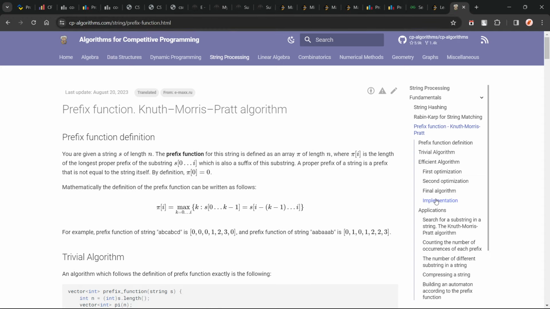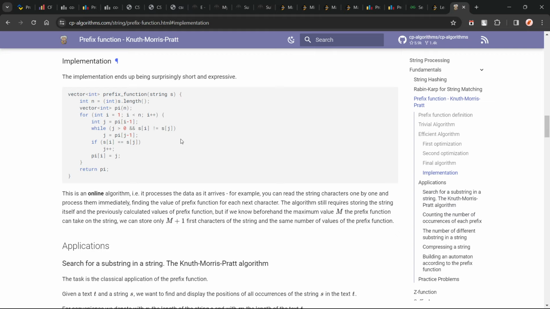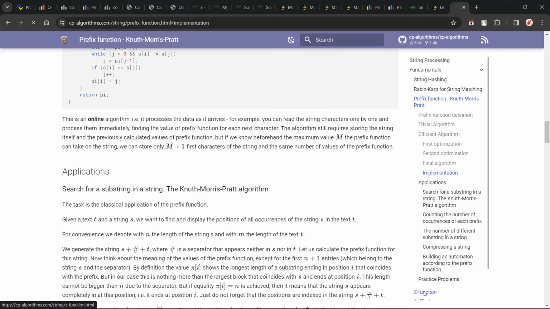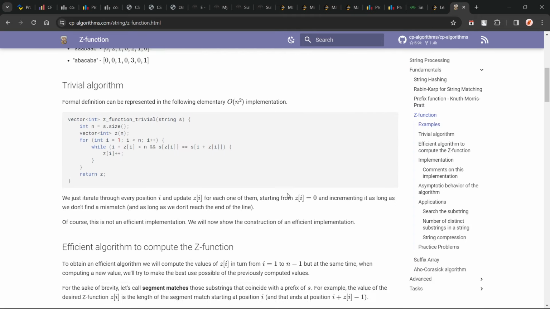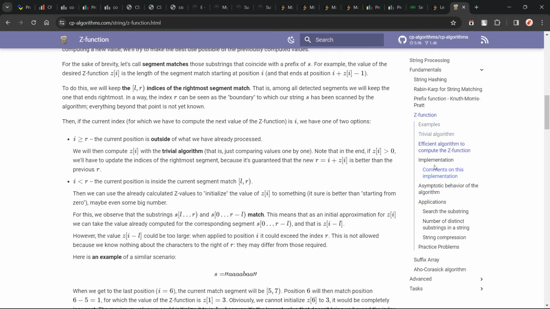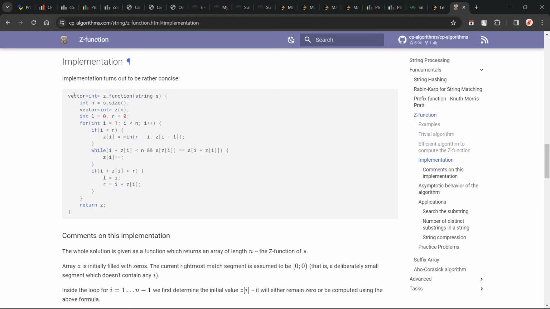Now you can move on to the implementation here and then you can just directly copy this particular part. If you want the Z function as well, you can see that Z function is also present here. You could also go to the implementation. So you can see this is the implementation here, right? So similarly, you will be able to get the implementation of both the algorithms very easily, and then you can just copy this particular part to your code.